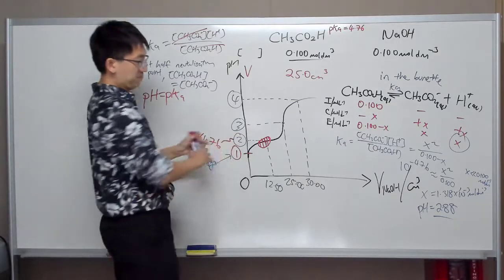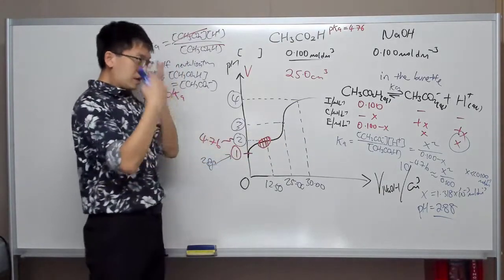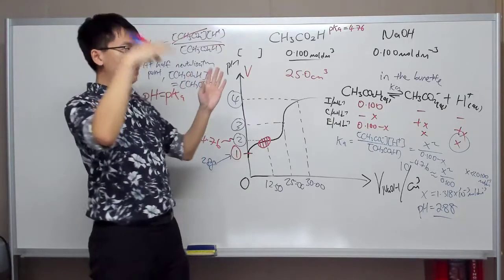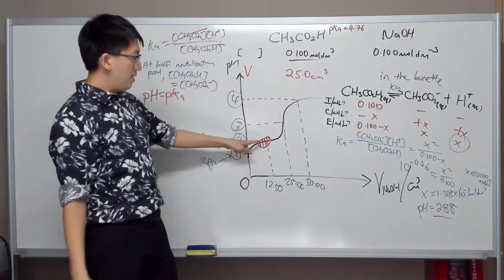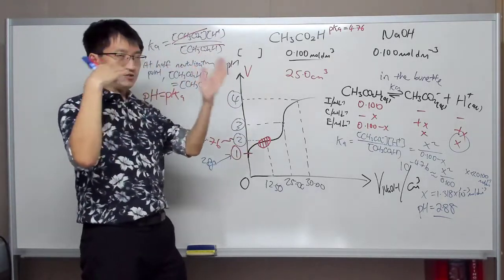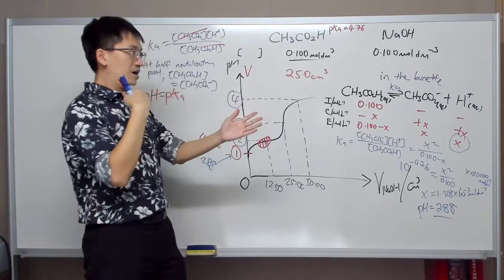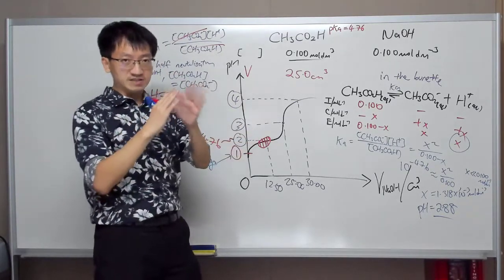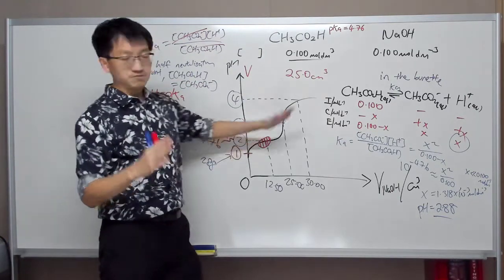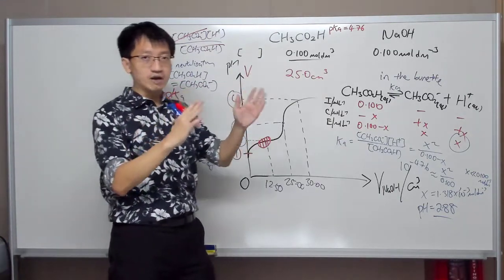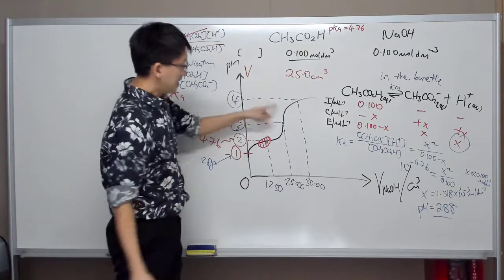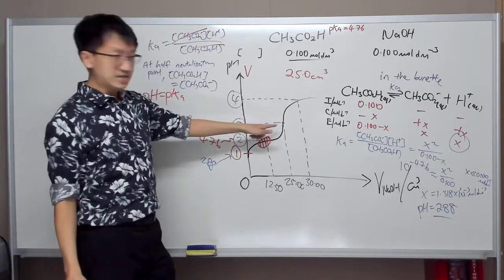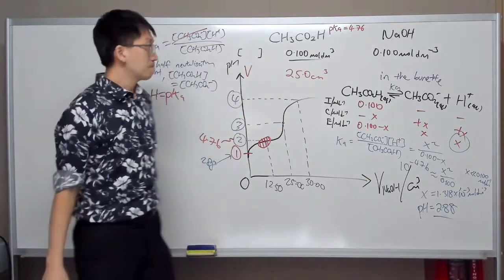But you realize that for this region, as you add sodium hydroxide, as you produce more and more ethanoate, you are creating a buffer. So that's why there is a resistance in the change in the pH. Yeah, but it increases in quite a gradual manner. Okay, of course, until it hits the equivalence point. Yeah, and then after it will shoot up.